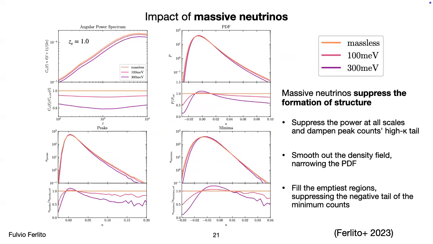So with their free streaming, they smooth out the density field. This, for example, corresponds to a narrowing of the PDF of the convergence field. And they also suppress the lower tails of the minima significantly. We can imagine that they end up filling the emptiest voids.